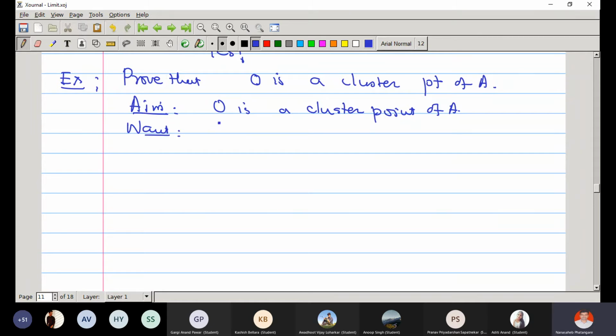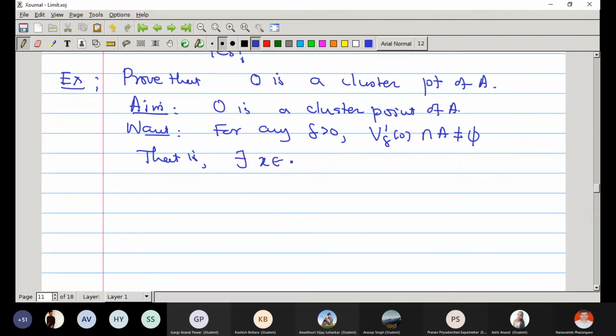We want to prove that some point is a cluster point, which by definition means: for any delta, the delta neighborhood of 0, the deleted neighborhood of 0, intersection A is non-empty. V delta 0 intersection with A is non-empty. This is our aim. But here 0 is not a member of the set, so you can say delta neighborhood or deleted, same thing.